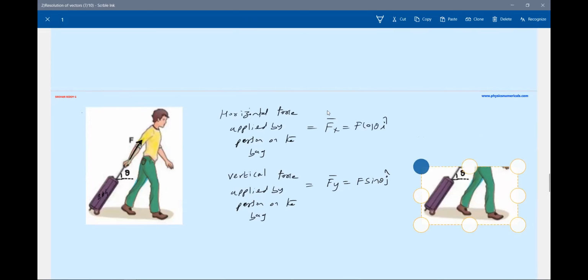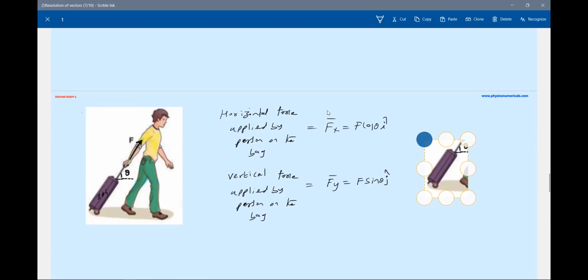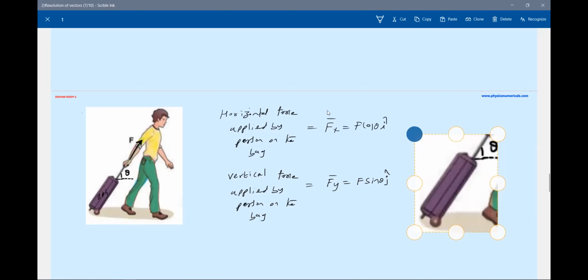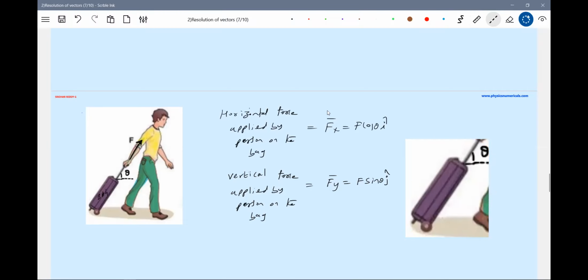Only the bag, I'll bring it because I wanted to show clearly only the bag one. What was the force?